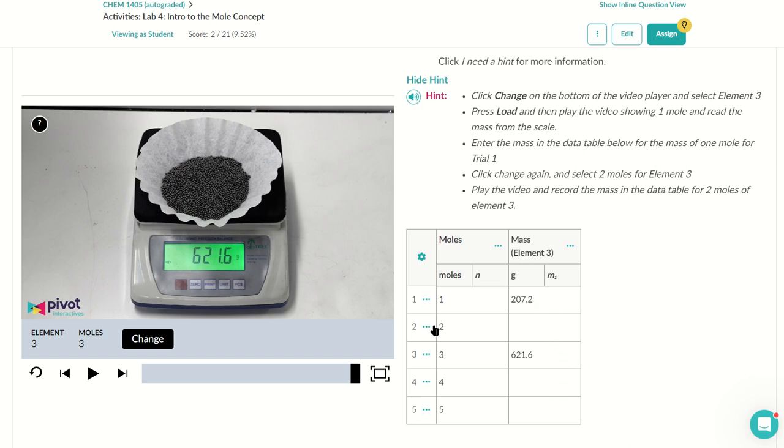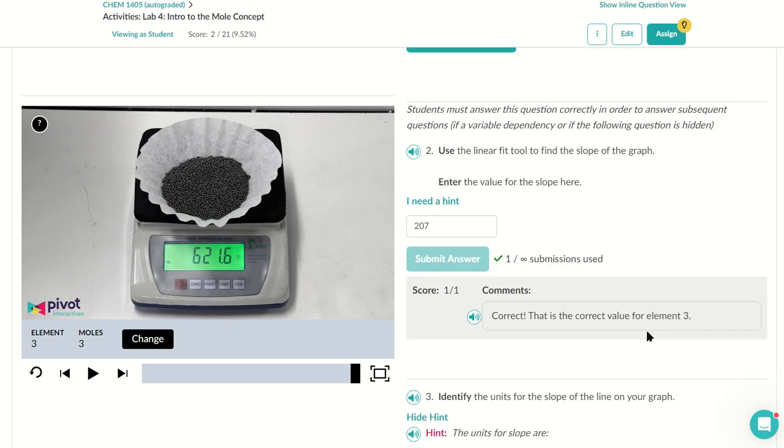That when you take the measurement for 2 moles, it's times 2, this original number for 1 mole. And then if you notice, 621.6 is actually a multiple of this times 3, right? So 207.2 times 3 gives you 621.6. And that's not an accident. It's because 1 mole is this, and then now we're weighing 2 moles and so on.